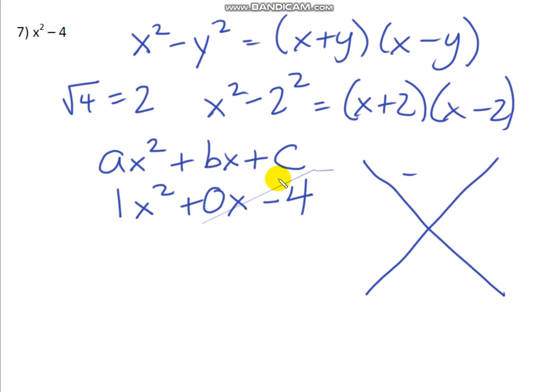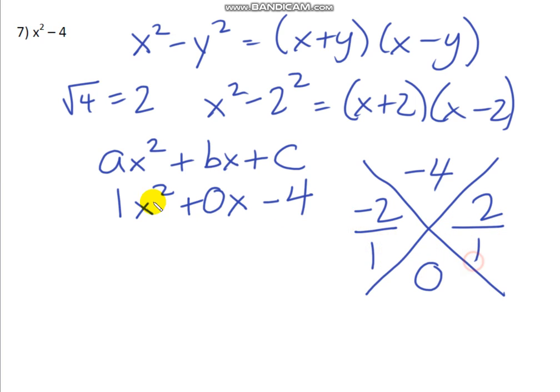You're finding two numbers that multiply to negative 4 and then add up to 0, right? Find two numbers that multiply to negative 4 and add up to 0. I believe negative 2 and positive 2 will work, right? Because negative 2 times positive 2 is going to be negative 4, and negative 2 plus 2 is going to be 0.